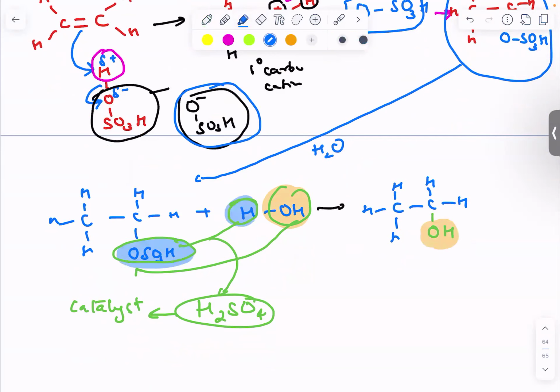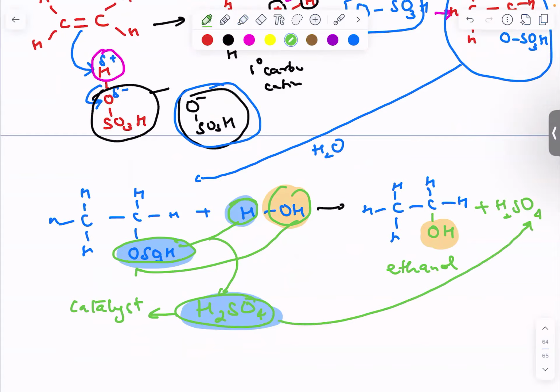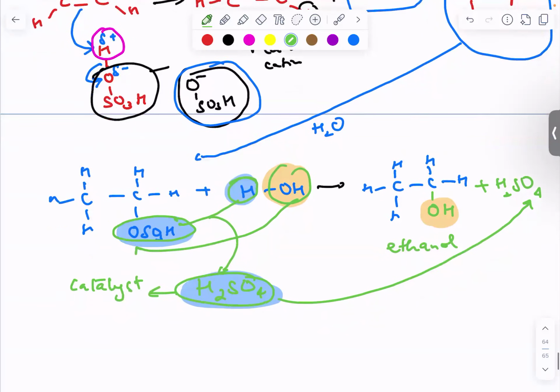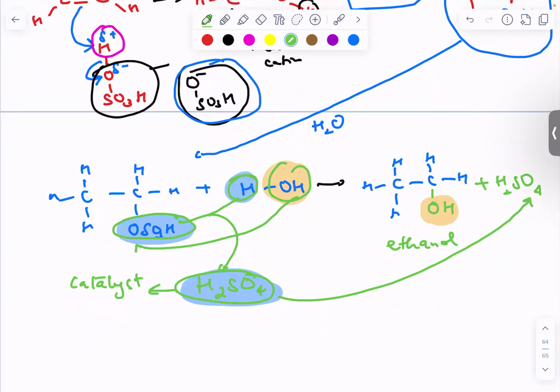This is going to combine with this to make sulfuric acid. Now we have got ethanol plus H2SO4. And because, as I told you earlier, that H2SO4 has been regenerated, that means sulfuric acid acts as a catalyst in this process.